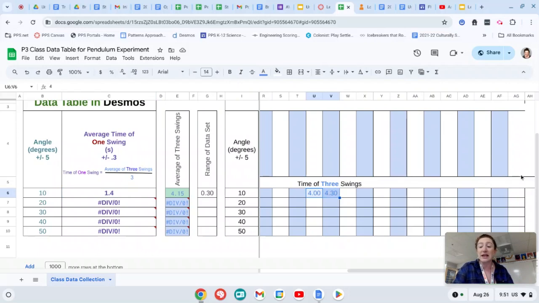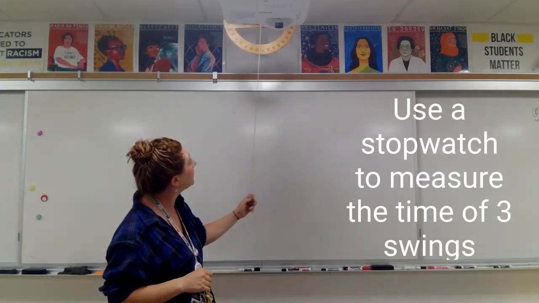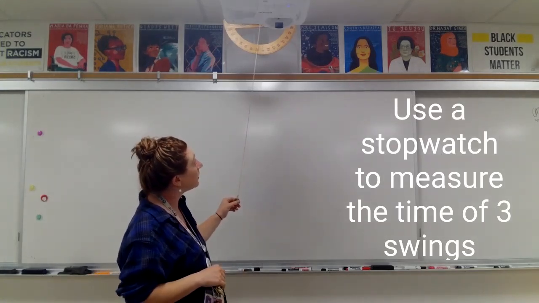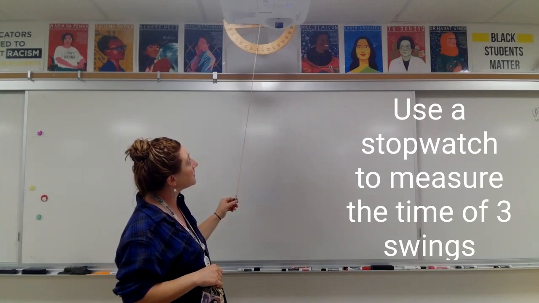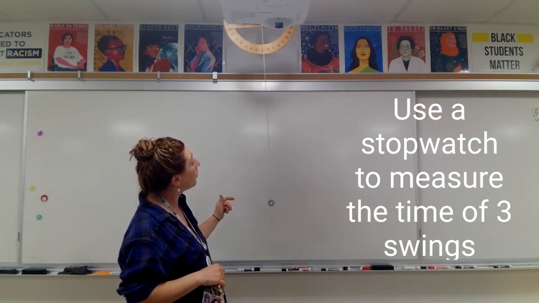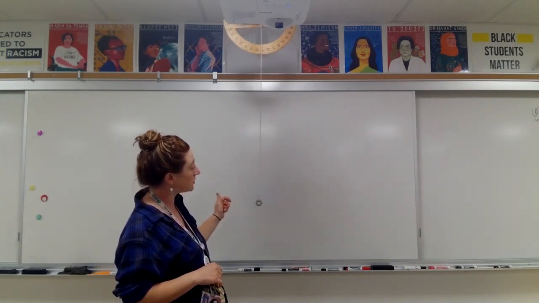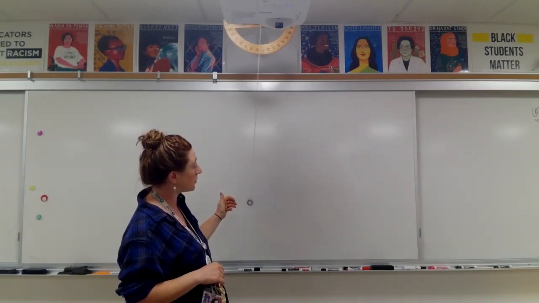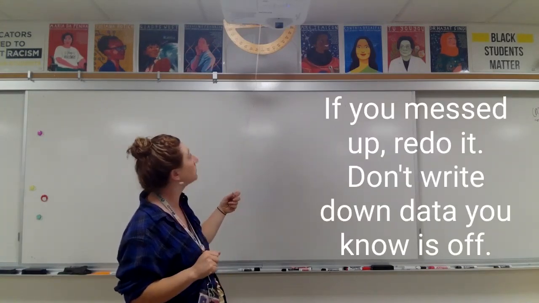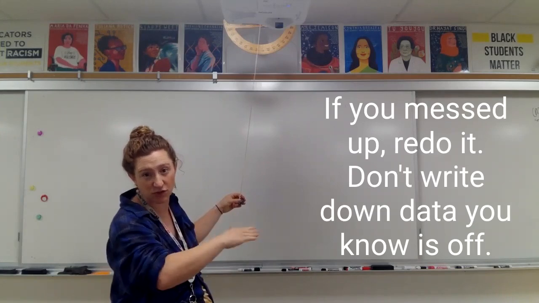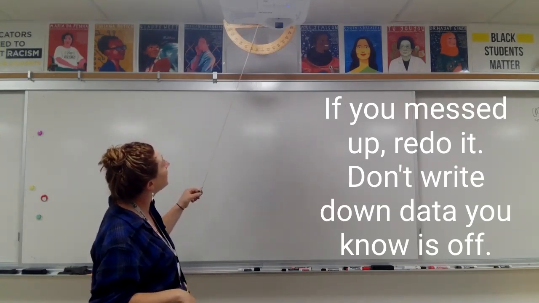So what I'd like for you to do is add your own data to this. We're going to go ahead and take some data right now. Okay, 10 degrees, ready, set, go. 1, 2, 3. Okay. Stop. If you need to redo that, just return to the video. Let's go to 20.